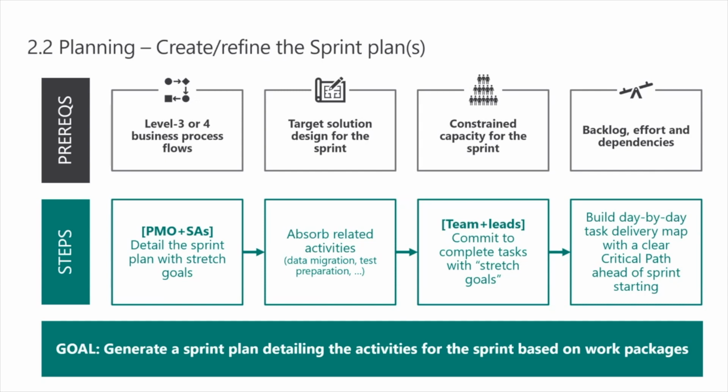You've got your level 3 or level 4 business process flows for the processes in scope for that sprint. And the level to which you go will entirely depend on the need for it to go to that level, right? You'd go to a level 4, for example, if it's a particularly complex process, or if it's going to be a highly customized process, or if it's a process that is particularly critical to the operation of this business, and it does require that level of extra detail.